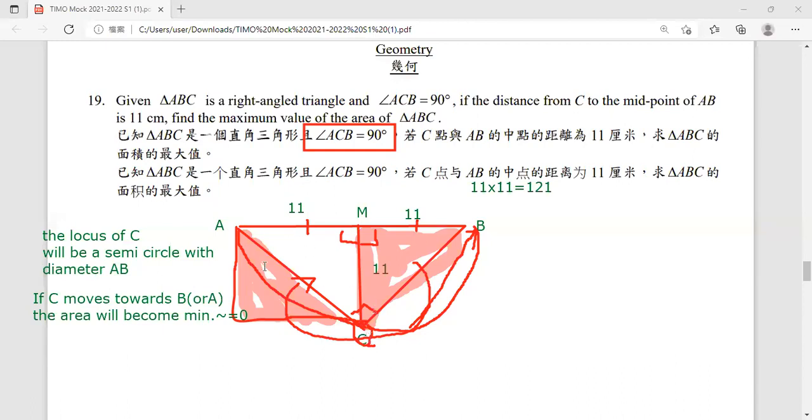Because ACB is fixed at 90 degrees, you can move C. If you move C towards the point A or B, yes, you can use coordinates. But if you move C towards A or B, you will find the triangle's area becomes smaller and smaller, and it almost becomes zero.